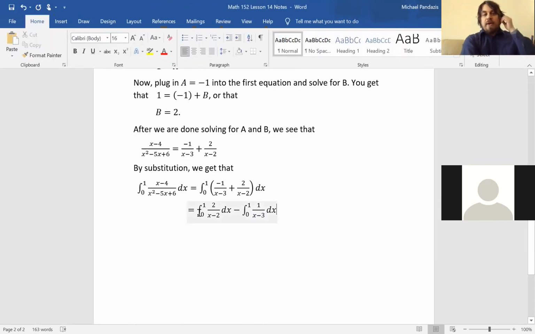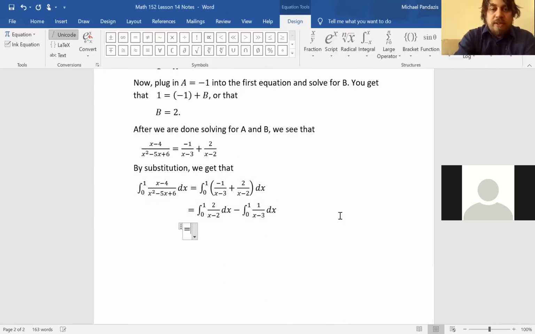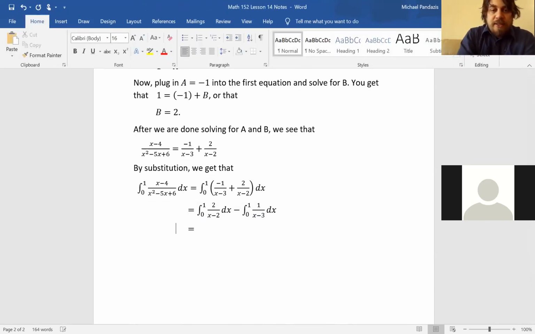Okay, so now I have that the original definite integral is equal to this definite integral minus that one. And if you've already had some practice, if you already practiced doing this in the homework, then you can see that this definite integral is 2 times ln of the absolute value of x minus 2, evaluated from 0 to 1.